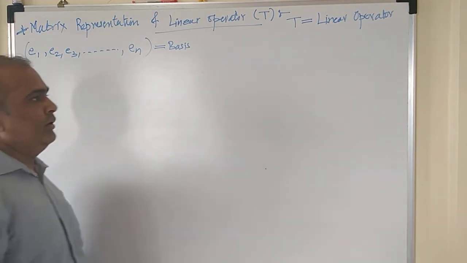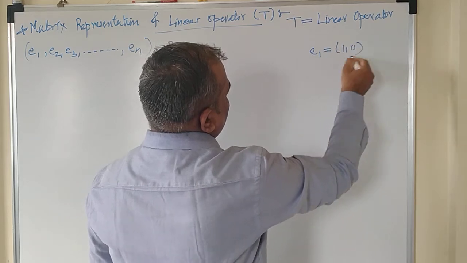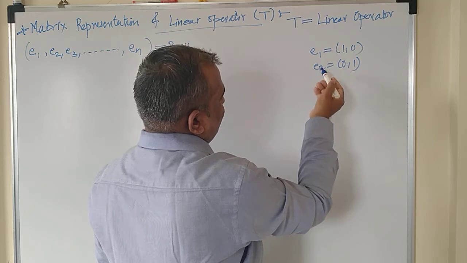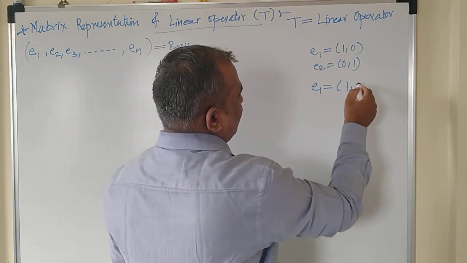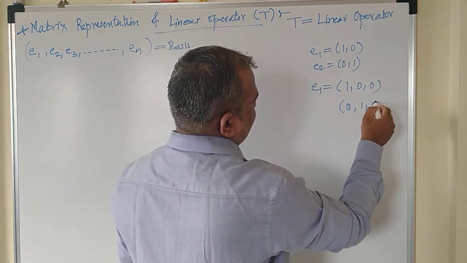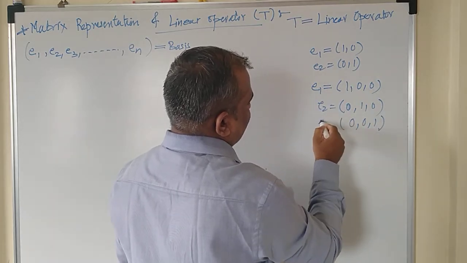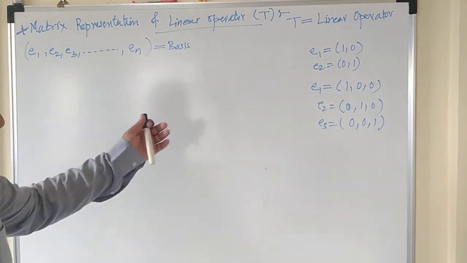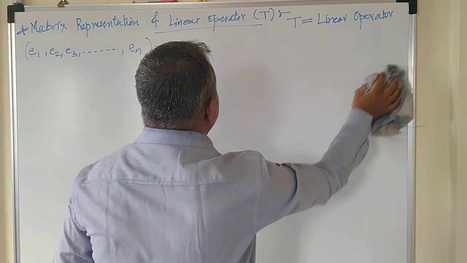You might know the standard basis: E1 equals (1, 0) and E2 equals (0, 1) in 2 dimensions. If you want to write in 3 dimensions, E1 equals (1, 0, 0), E2 equals (0, 1, 0) and E3 equals (0, 0, 1). So these are the standard basis vectors, right? You might have studied these standard basis vectors.